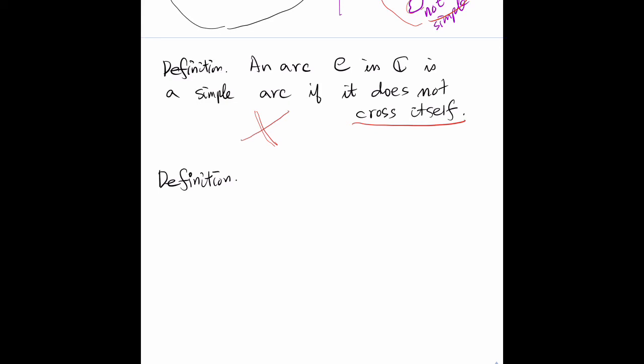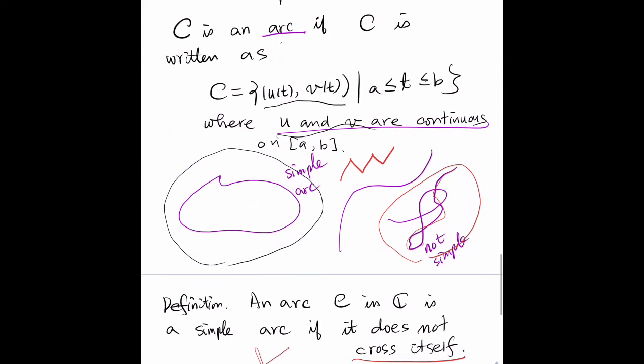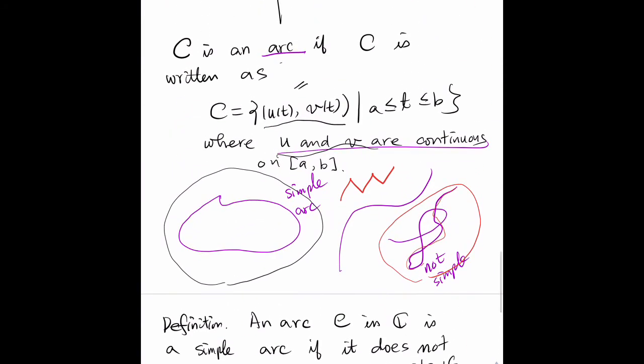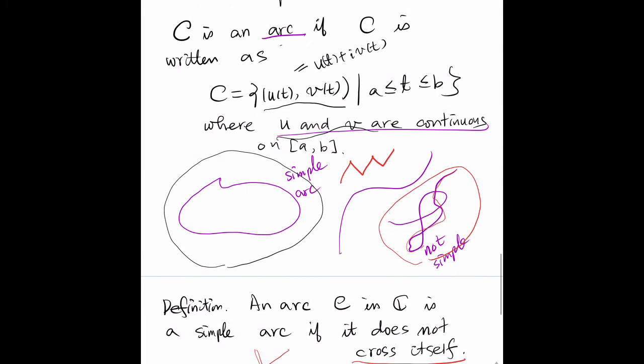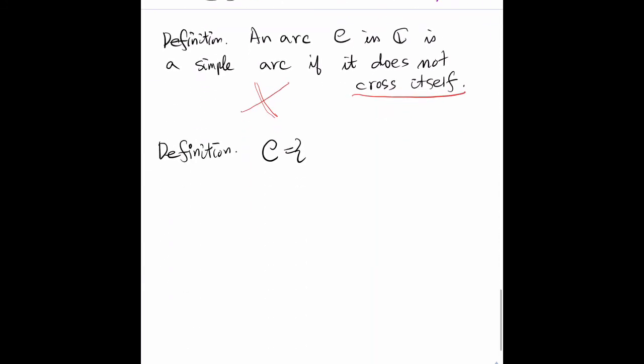A curve C, I denote it in this way, but you can also denote it by u(t) plus i v(t). These are the same expression, so you can identify the complex plane with R2. Let me write z(t) instead: u(t) plus i v(t), where t is between a and b.